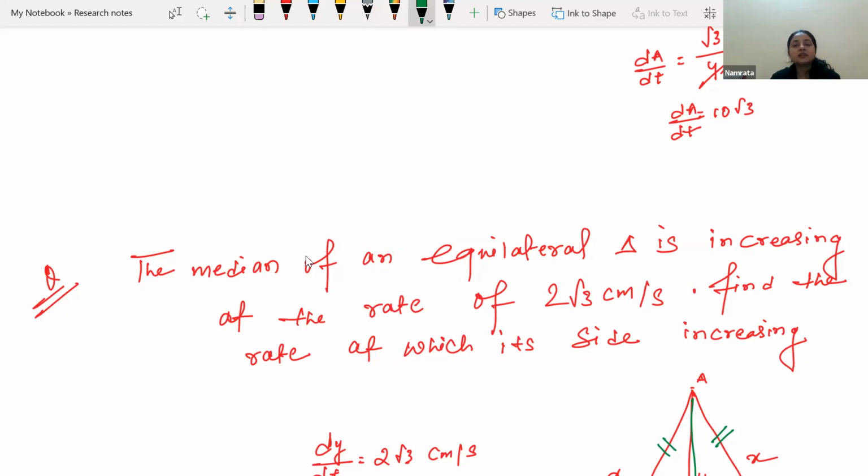It will make 90 degrees with the base. Then Pythagoras theorem we can apply and we will be able to find the relation between median and the side. Once we get the relation between median and the side, we just have to differentiate with respect to time and we will get the answer. Okay? Is it clear?